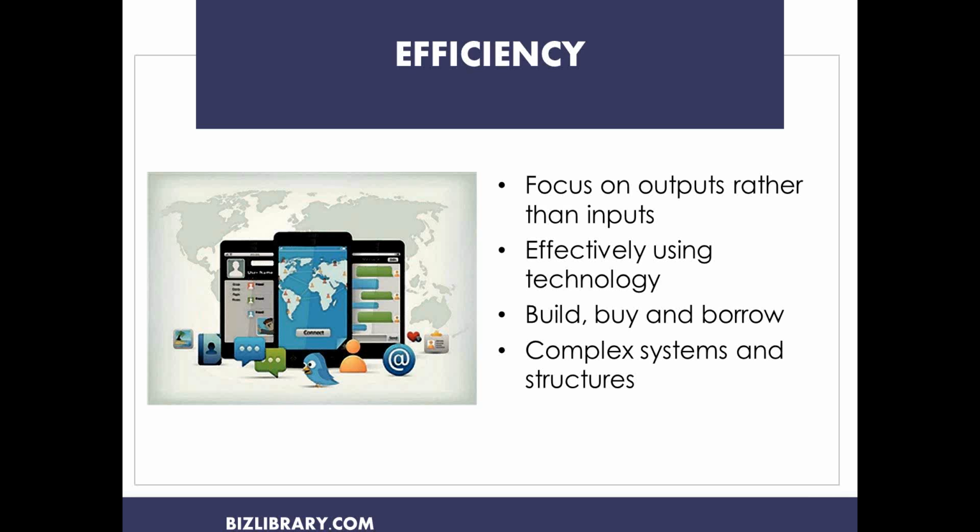And so that's probably the wrong place to focus. What we need to think about instead are the outputs. What is it we're trying to accomplish? What are the actual goals and objectives of the program, okay?